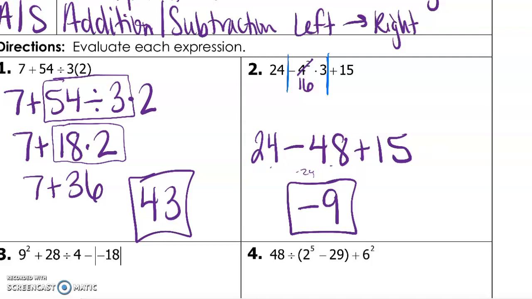What you can't do is you cannot put 48 plus 15 together. You could technically do negative 48 plus 15, but that's why it's easier just to do it all the way straight across after you're down to all addition and subtraction.